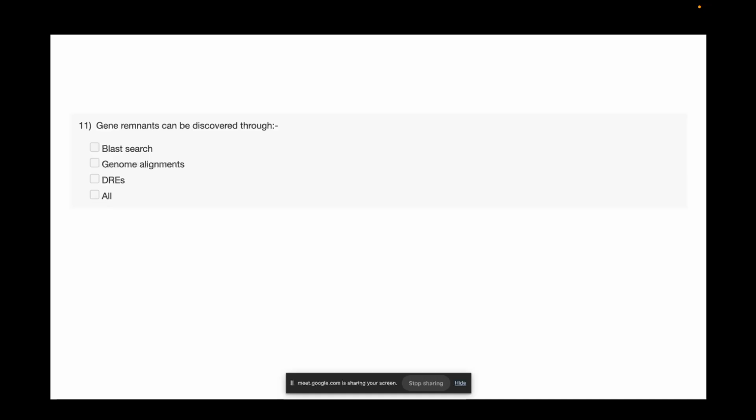So remnant genes are basically genes that have been part of some mutation. So for example, humans have evolved from Neanderthals, and they have evolved from chimpanzees, right? So there are some genes in chimpanzees that are present in our genomes as well, but these are kind of remnant genes.